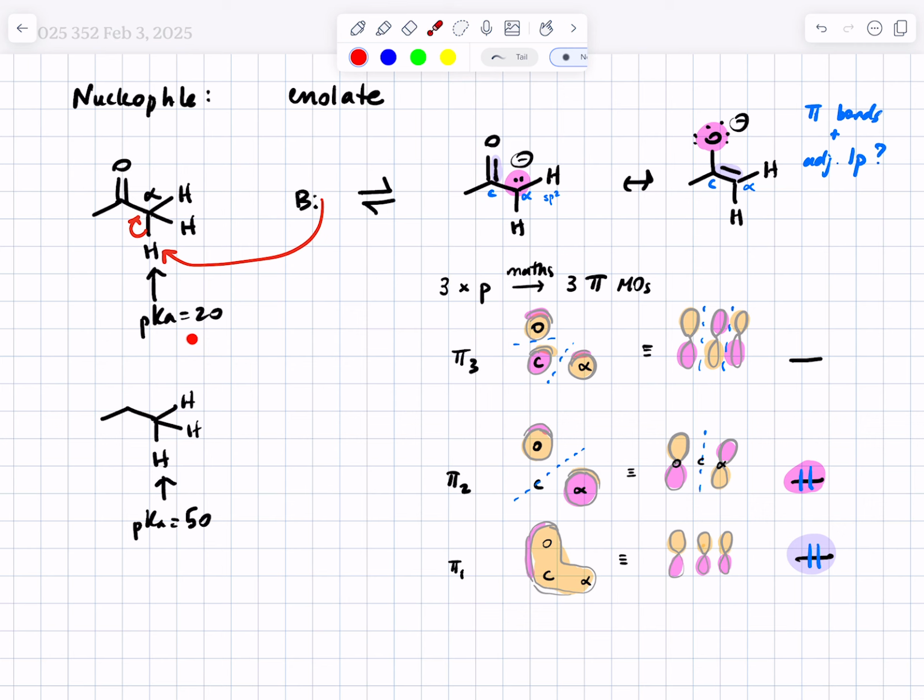That's a higher pKa than the pKa for, say, an alcohol. So an enolate should be more nucleophilic than an alkoxide. And so we will use the enolate as a strong nucleophile.